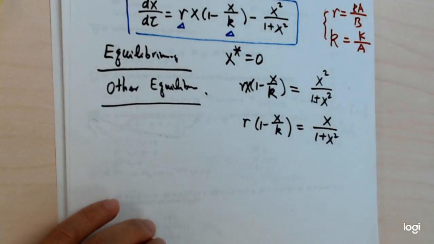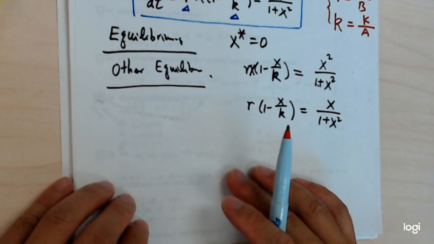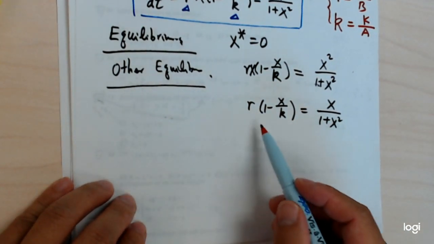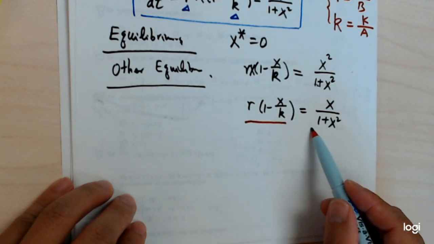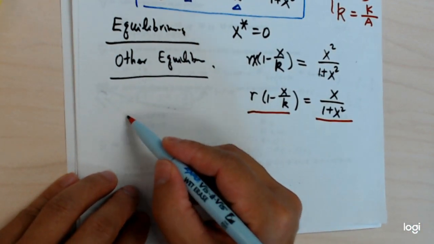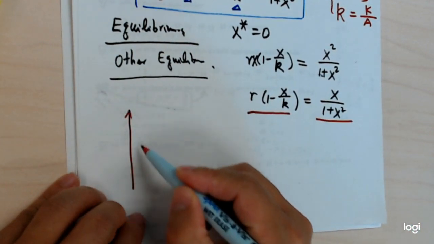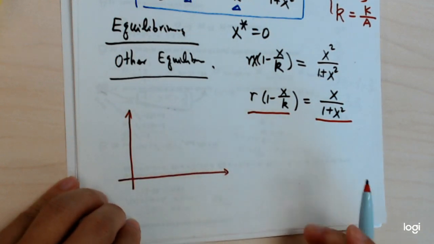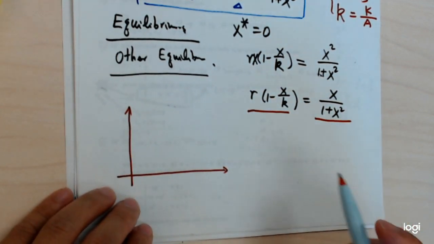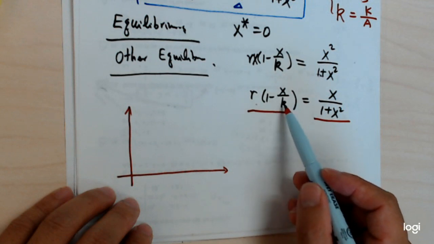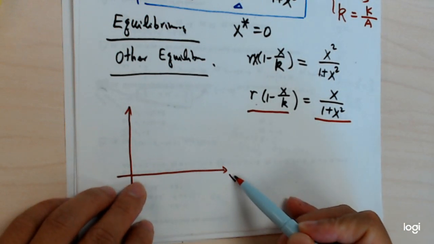So let's take a look at what's happening here. This is a straight line. Let's take a look at this curve here, 1 minus x over k. This is the x-axis.